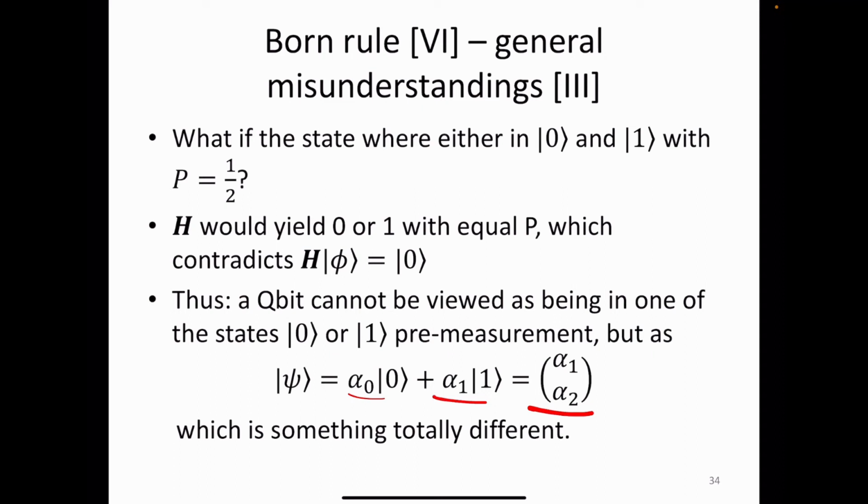And such a superposition state, so that's something we have to wrap our mind around, is as natural and irreducible a part of a qubit as 0 and 1 are.